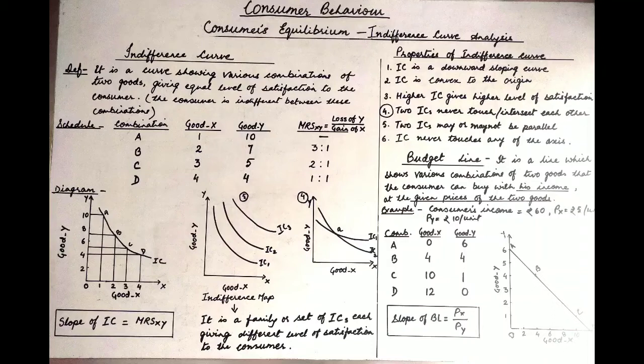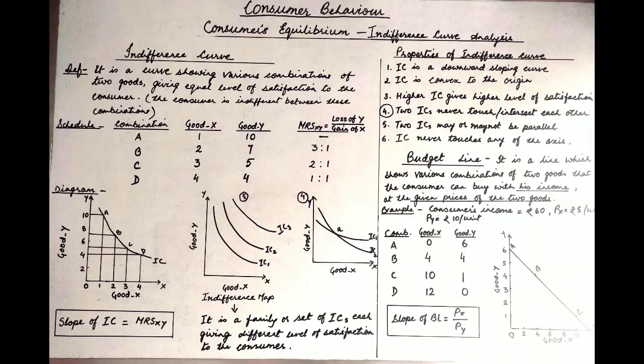Now here you can see that the MRS, that is marginal rate of substitution, is decreasing from 3 to 2 to 1, and this is called diminishing marginal rate of substitution. Thus, indifference curve is convex to the origin because of diminishing marginal rate of substitution. Thus, slope of indifference curve depends on marginal rate of substitution.